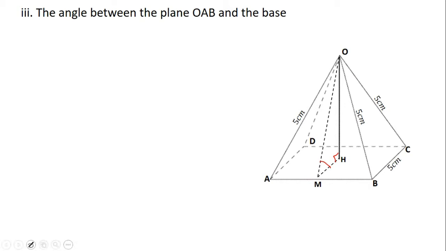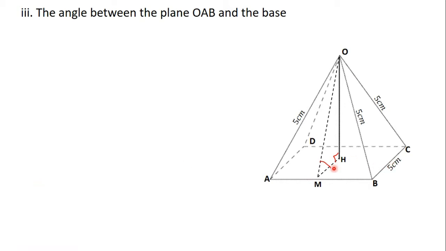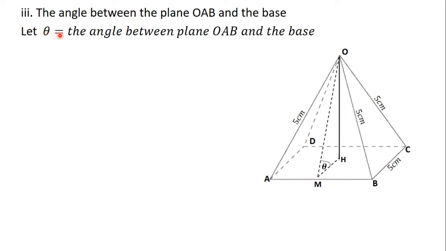That is the angle between the plane OAB and the base of the pyramid. So how do we do that? Let's proceed. Let theta equal the angle between the plane OAB and the base. So this is the angle theta. This angle theta here is the angle between the plane OAB and the base of the pyramid, just as you can see in this diagram.